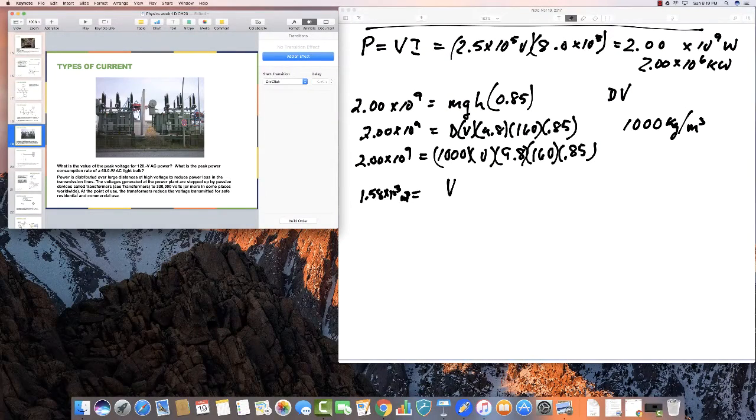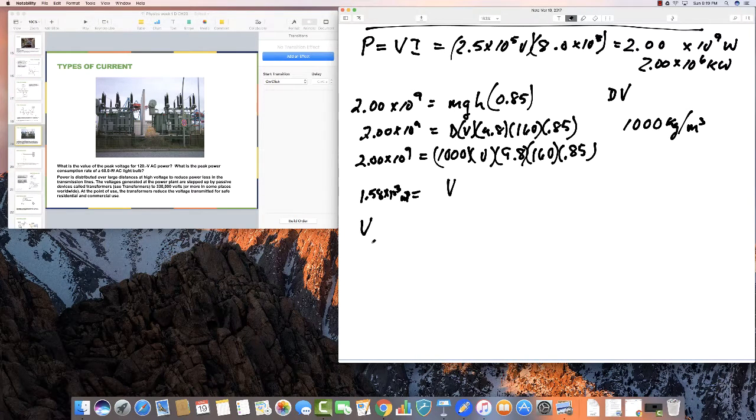So let's take a look at how we would do that. We know that the root mean square voltage is 120 volts. We also know that the average power is 60 watts.